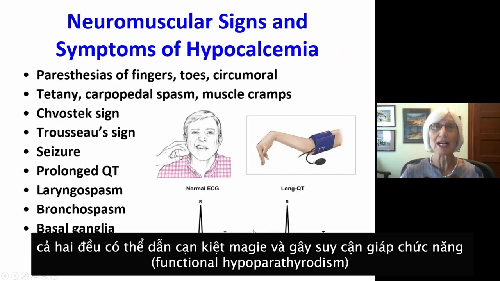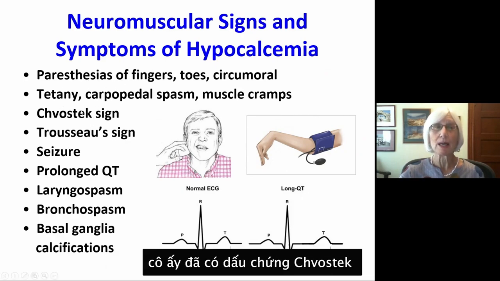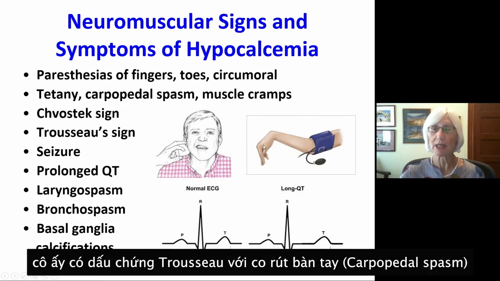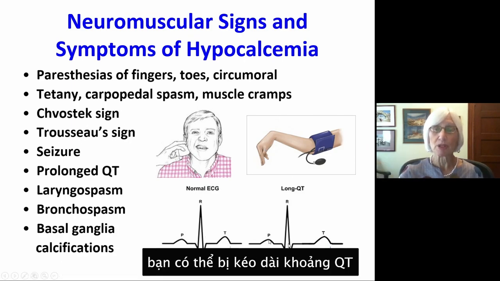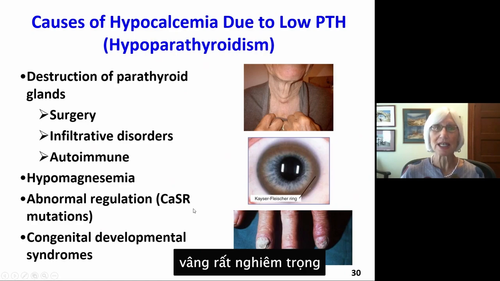functional hypopara. And just to review these symptoms of hypocalcemia, she had Chvostek sign, she had Trousseau sign with the carpal spasm. You can get prolonged QT interval, as well as severe laryngospasm, bronchospasm, and death. So very serious.